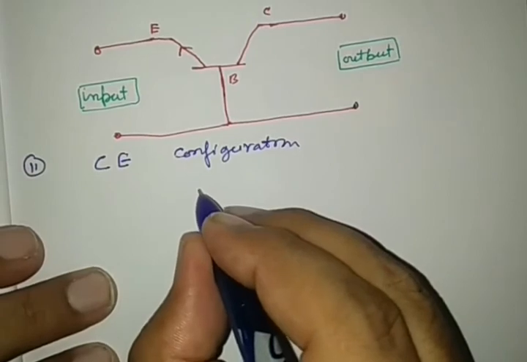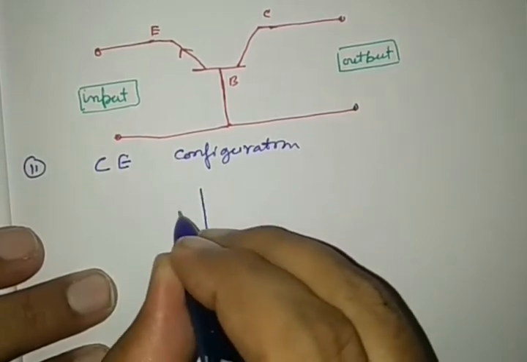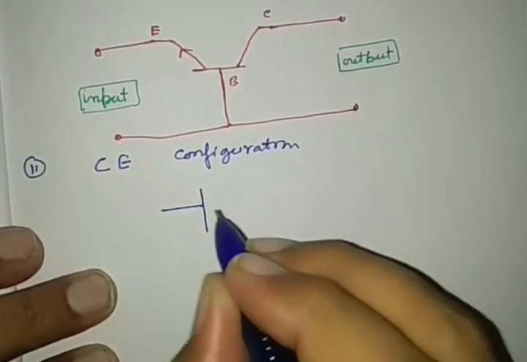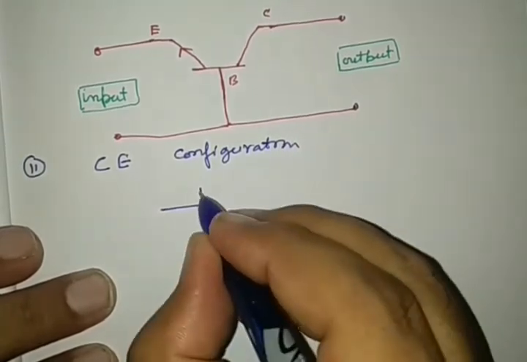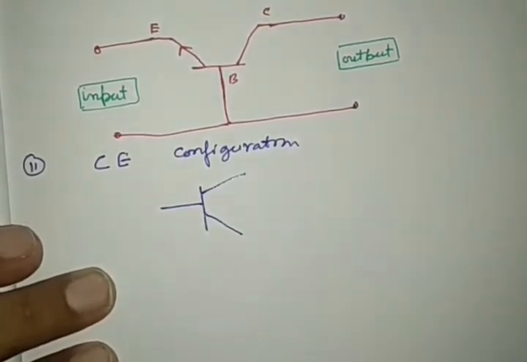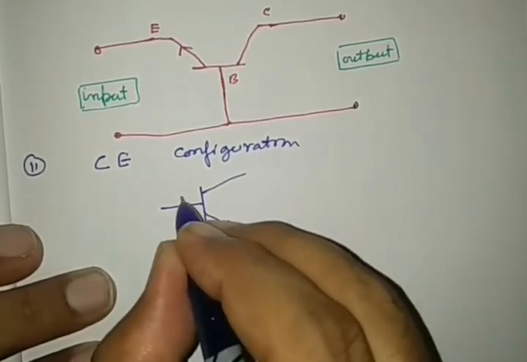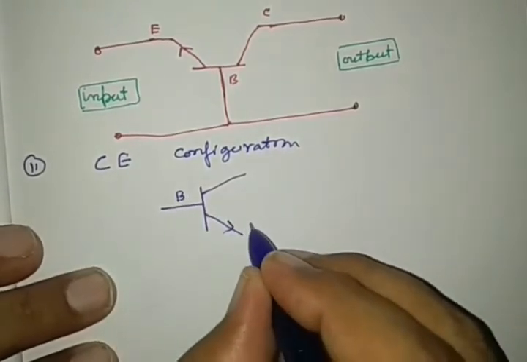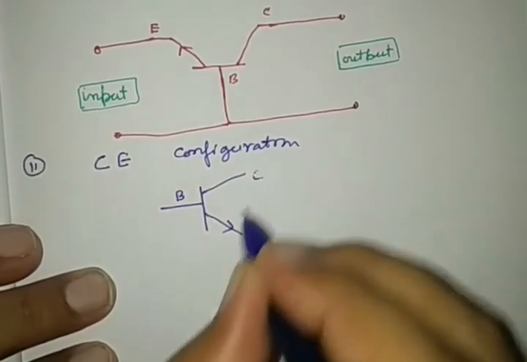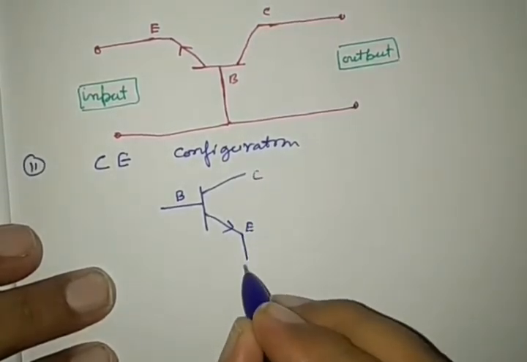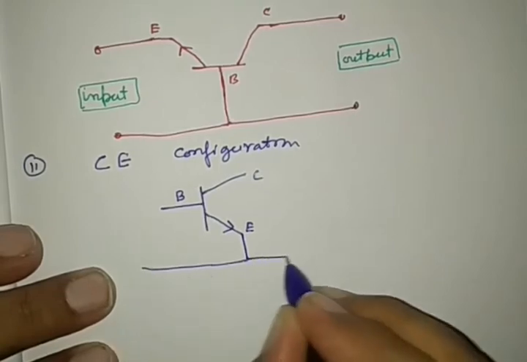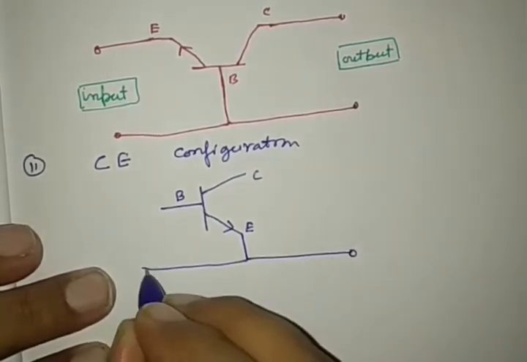See how the common emitter configuration is done. To draw this, what is common here? The emitter. See here in this circuit, this is the base terminal, emitter, collector. See the emitter. It is common in both input and output.